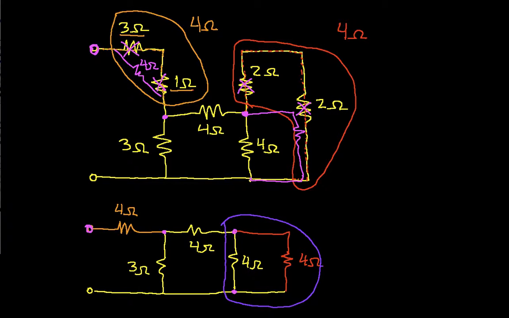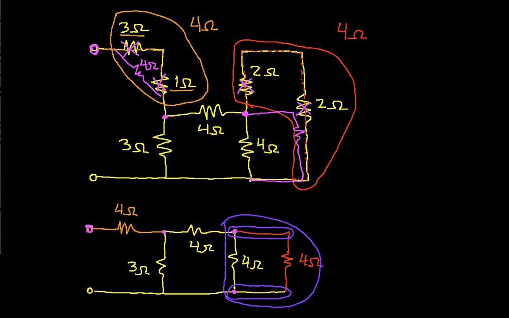How do I know that? Because both resistors are connected to this node at the top and this node at the bottom. And if I have 2 resistors that are connected to the same 2 nodes, those are in parallel.